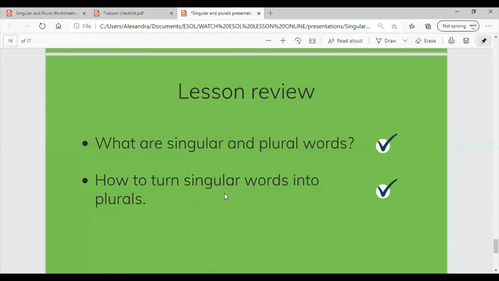So how to turn singular words into plurals is also what we've looked at. So we've looked at all the different spelling variations, adding the S on, the VES, the IES, the taking off of the different letters. To review this, you can look at the YouTube video when it's put up later this week, to go over the different spellings again if you've not had time to catch them.